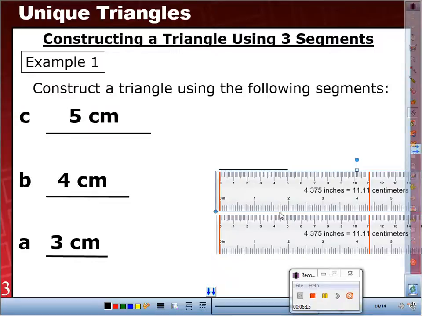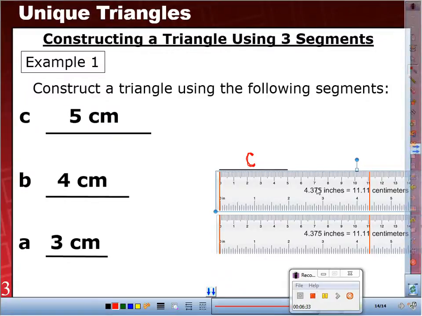Then you're going to write the letter C so that we can see what each one is. Does everybody see what I did?